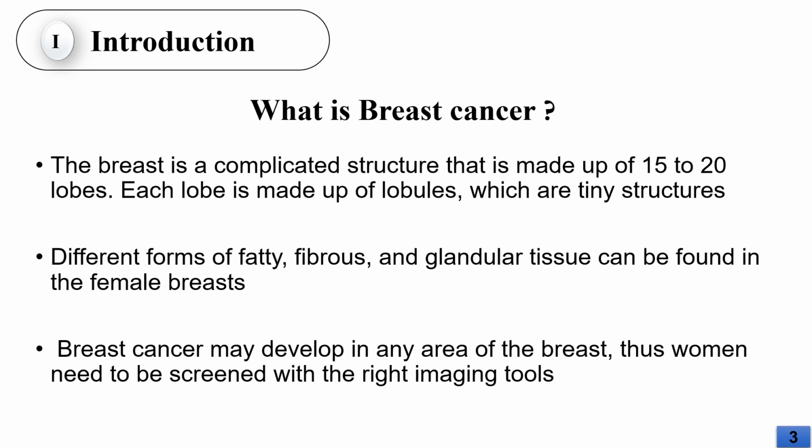Breast cancer can develop in any area of the breast, and proper screening with the right imaging tools is crucial for women to be vigilant and proactive in their health.